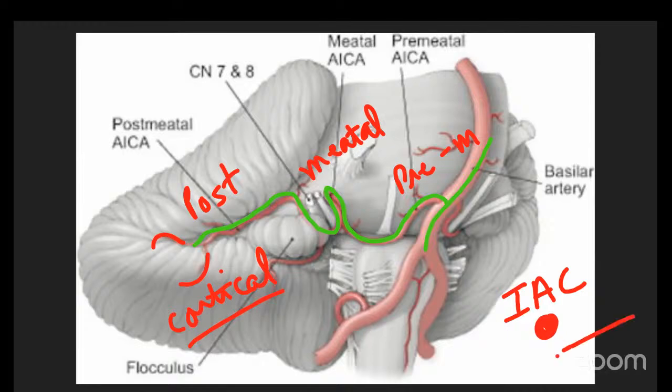Then we have the meatal AICA, which goes around it, sometimes makes a loop inside the internal auditory canal. Sometimes it stays outside, in the CPA angle cistern. And then it makes this turn and comes out as the postmeatal AICA. This postmeatal AICA has these terminal branches, which are the cortical segments. This is our CPA angle cistern. Is that clear?